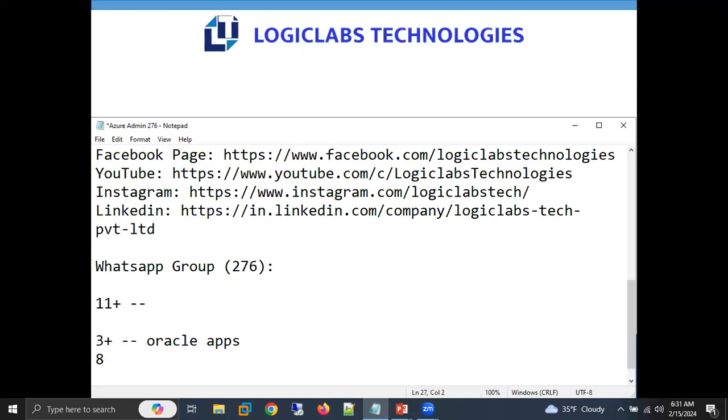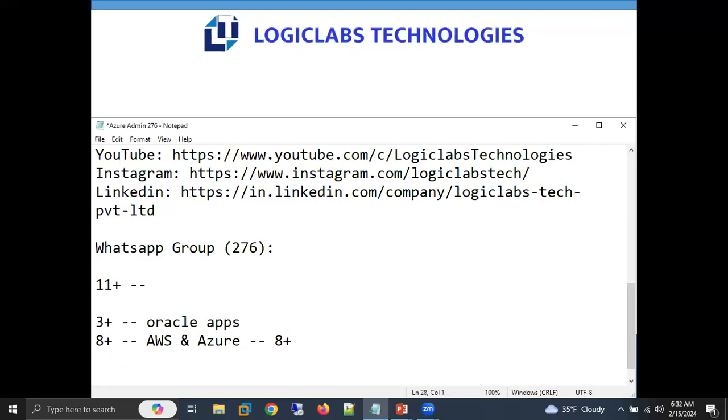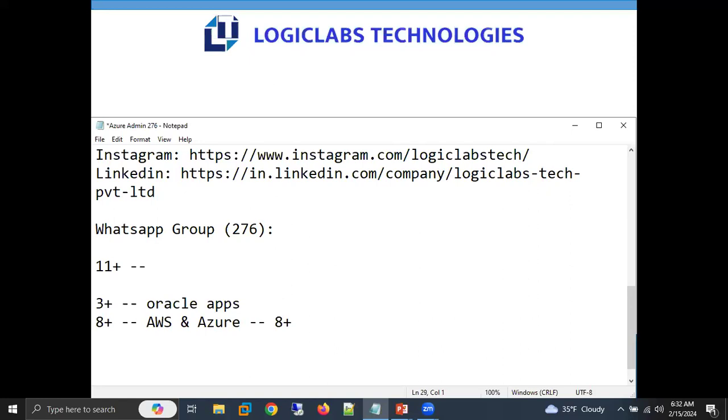And then for the last 8 years, I'm working on the top two cloud platforms which we have in the market, called AWS and Azure. So this is my professional experience, and I've been giving training for the last 10 years also.